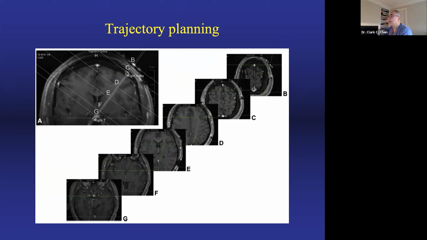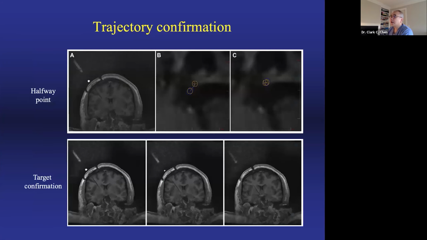And what I generally like to do in these cases is to make sure that I have at least 2 to 3 millimeters of distance between my planned trajectory and the sulcus or vasculature or anything that I'm concerned about.